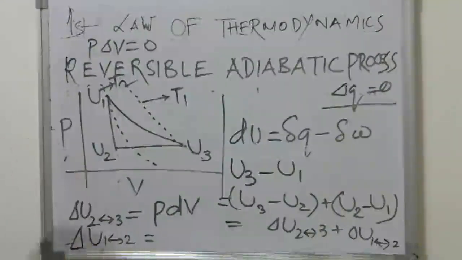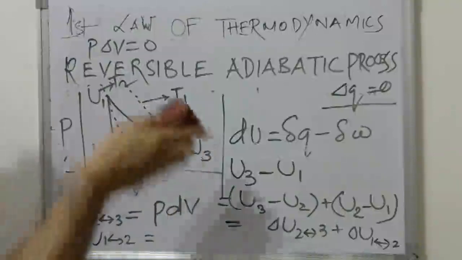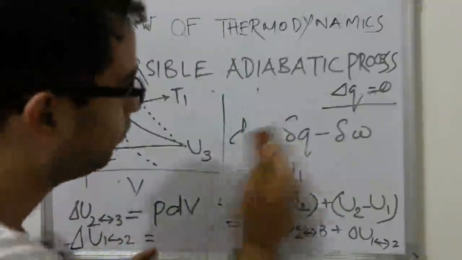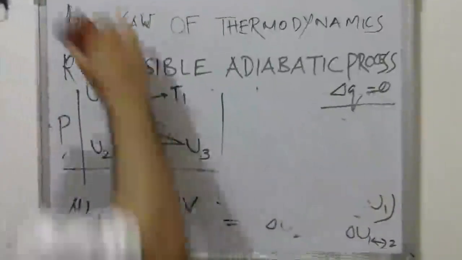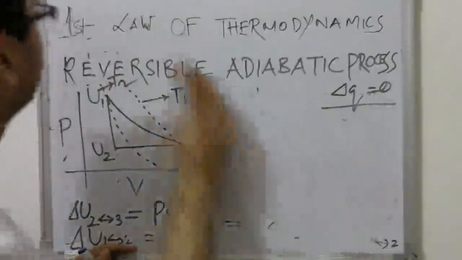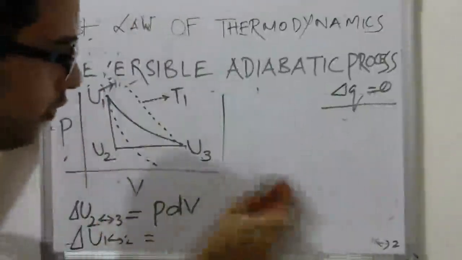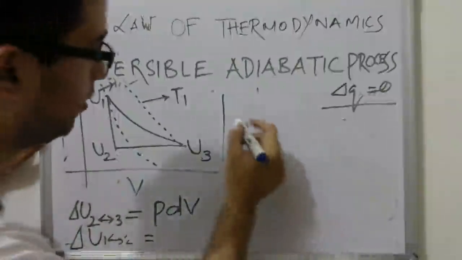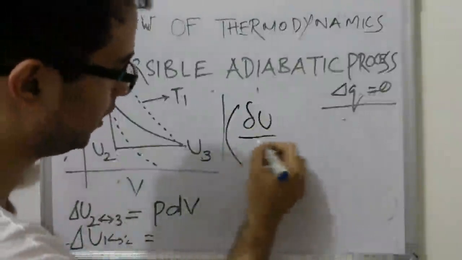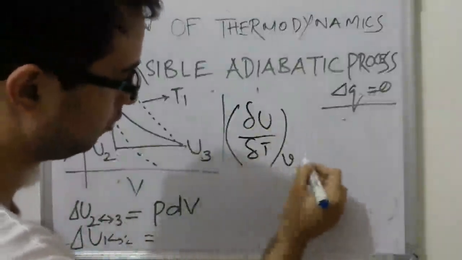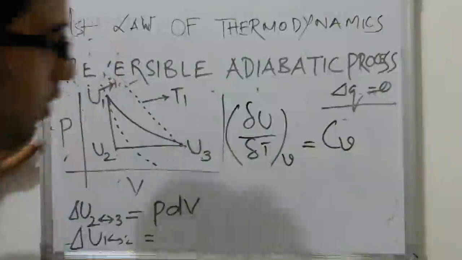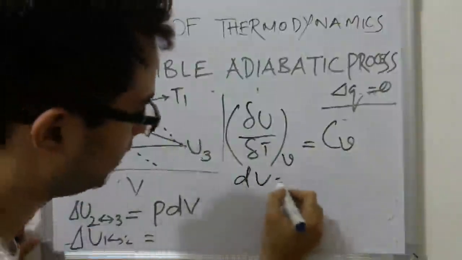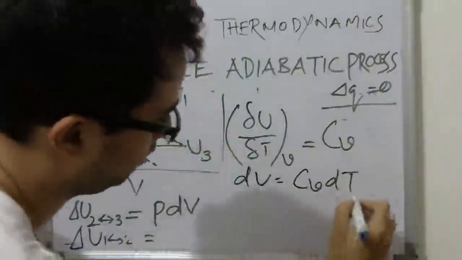How do we express that? Just recall something. We have mentioned that del U by del T at constant volume is your CV, right? For this process, dU can be written as CV dT, right?